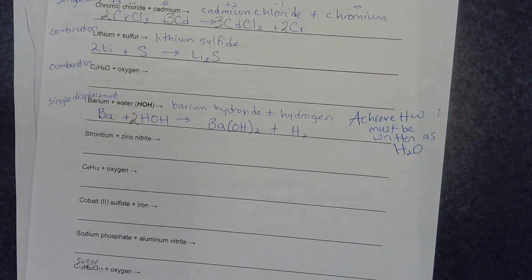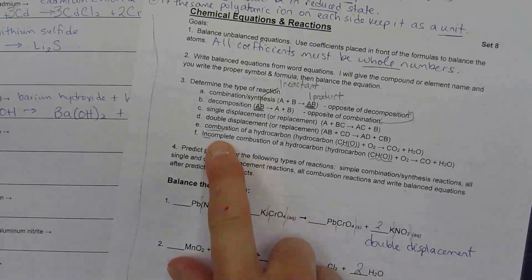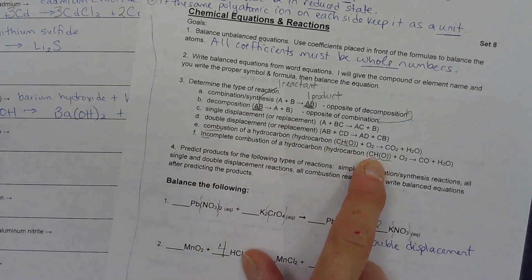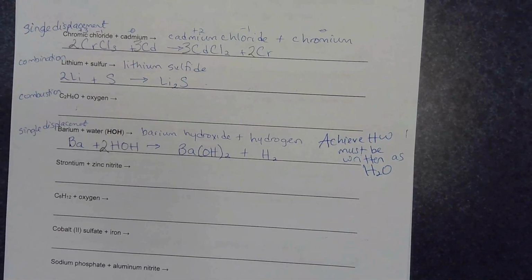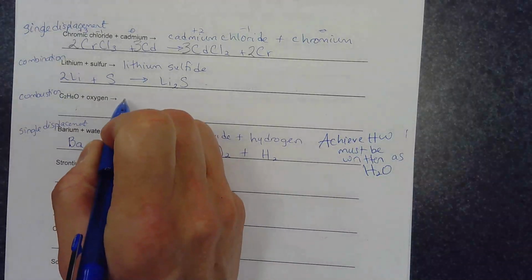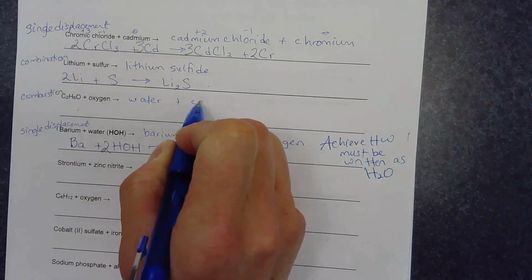Carbon dioxide and water. How do you know that? Come on, look at your notes. It's right here. Complete combustion. And I told you if I give you one, it's going to be a complete combustion. I'll be the one to tell you if it's incomplete. So what are the products? Water and carbon dioxide.